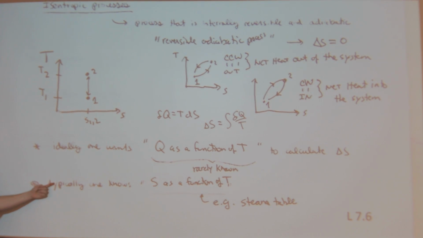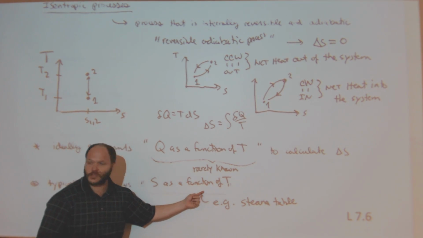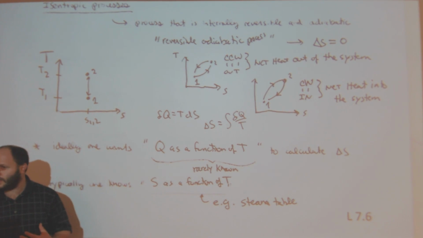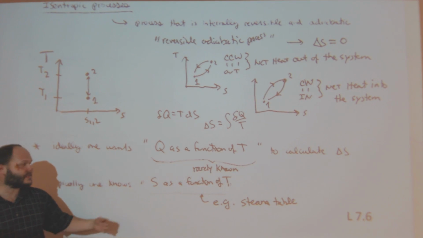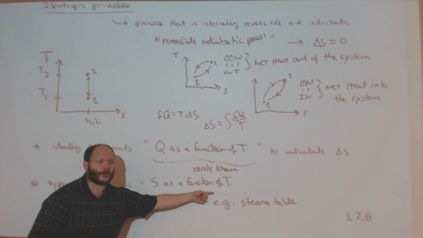So if you look in the back of the book, you can pick a gas, you can look online, you can go and pick up a handbook on thermal properties of metals, right? And it's going to tabulate what somebody has measured for the entropy at a given temperature and pressure. In the back of the book, it has the entropy tabulated for various gases and liquids as a function of temperature and pressure, right? So this is well known.